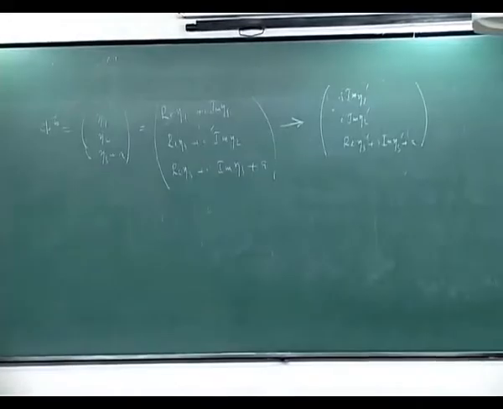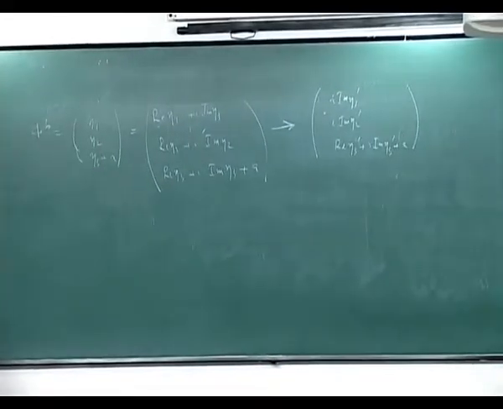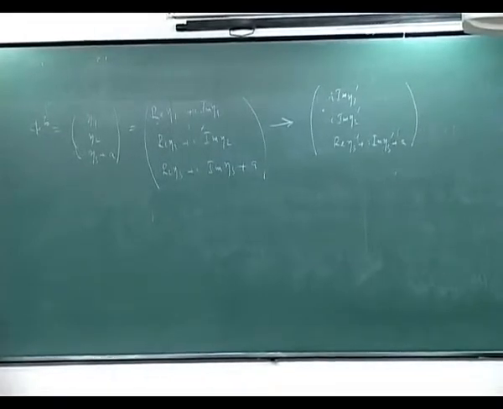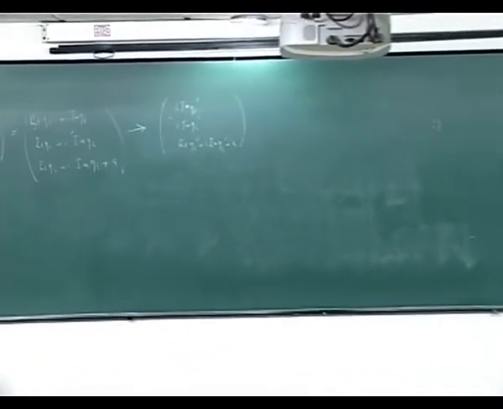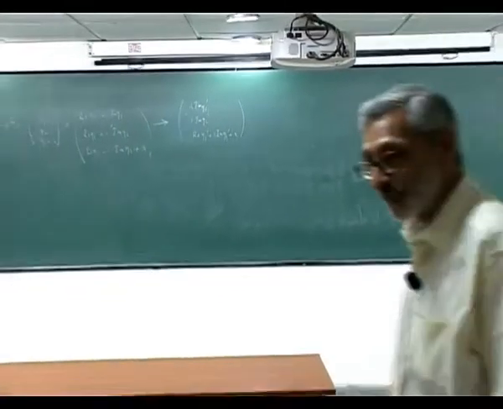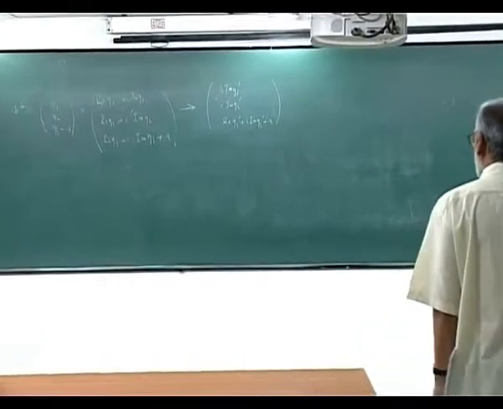I can just rotate away 2 of them because I have freedom to do gauge transformations orthogonal to the U(1) part, which is described by 2 parameters. The eta 3 remains the same.